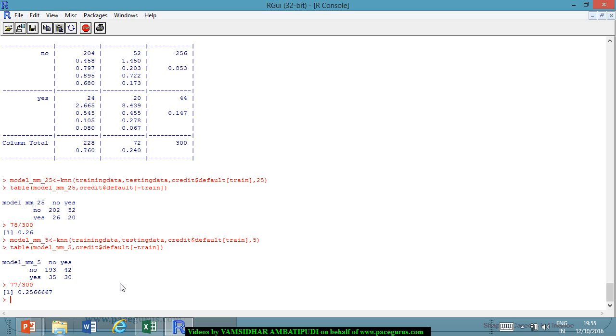So I want to try out different values of K where my error can come down quite drastically. And whichever is that particular value of K where the error is coming down quite drastically, I could do a kind of looping out here. So I would like to try out the different values of K, and test for which values I am getting the highest accuracy or the lowest misclassification rate.